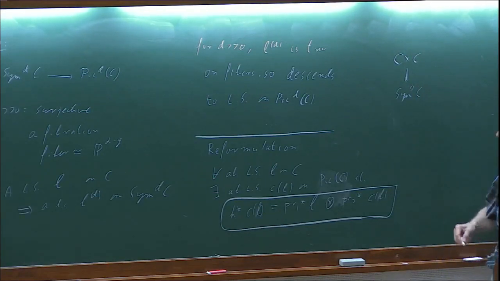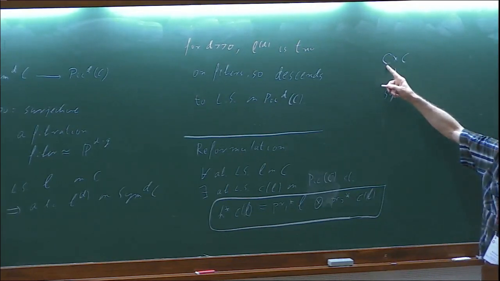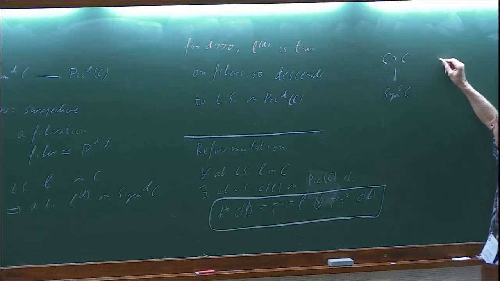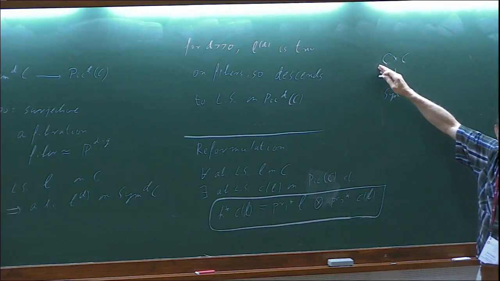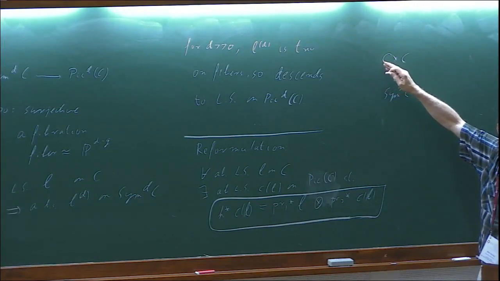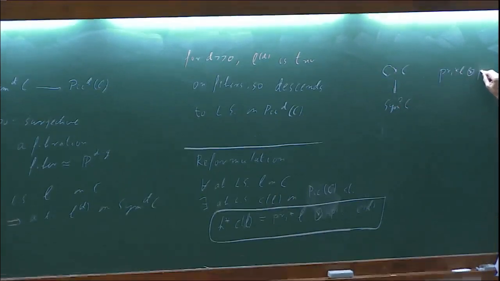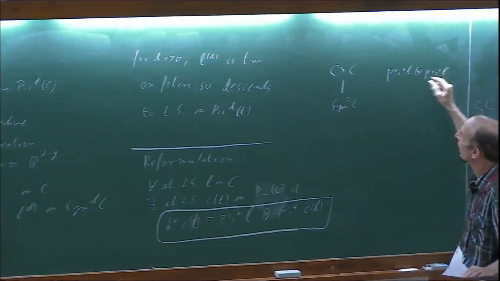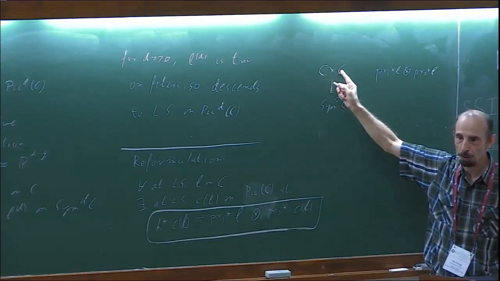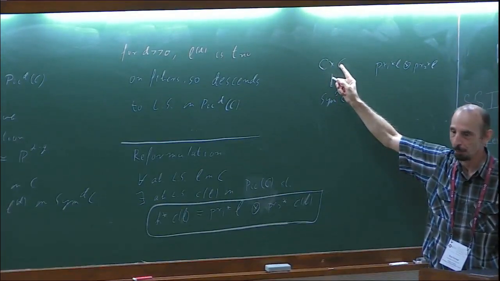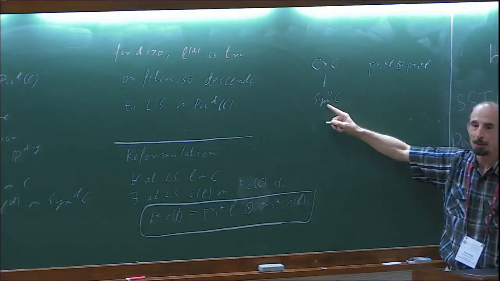worse in higher degree. So if we have a rank 1 system here, and I wrote something which I said was the fiber of the first pullback of projection 1 upper star of L, tensor projection 2 upper star of L. That gives me a well-defined sheaf on C cross C. Does it descend to Sym^2 of C?